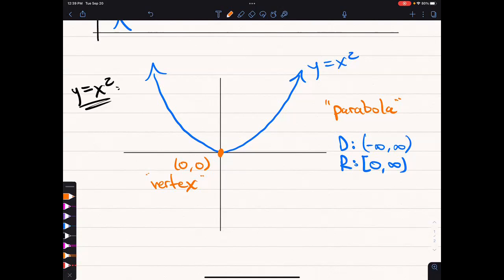This side and this side, because of the way the function works, look identical to each other, just going in opposite directions. So basically the center, where the vertex is, acts kind of like a mirror. So the vertical line that passes through that, we call the axis of symmetry.